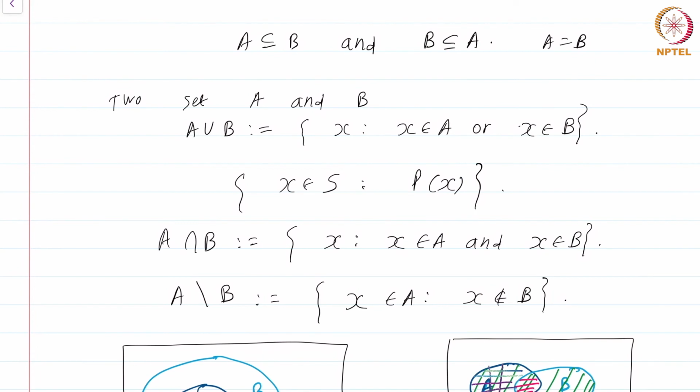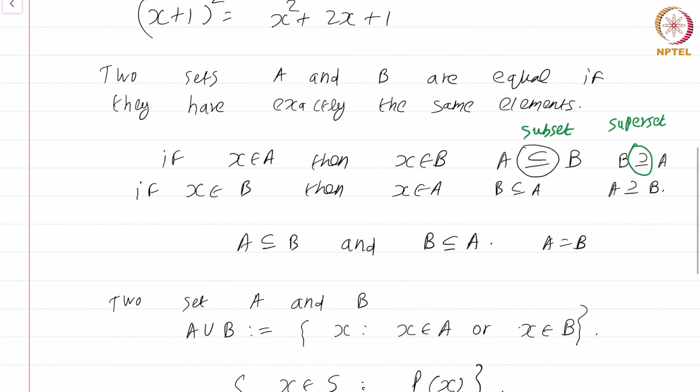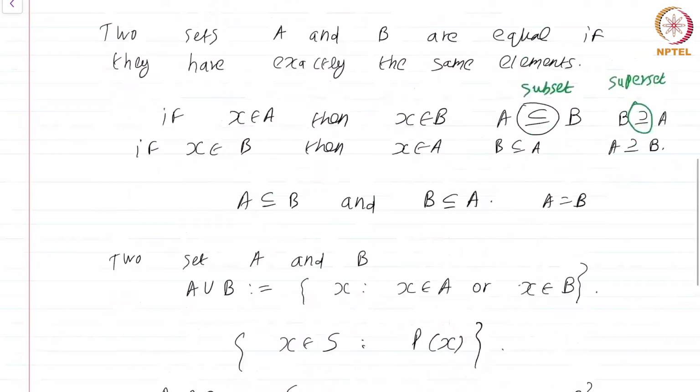We will study this in a bit more detail in the next few modules on logic and proofs, where I'll clarify what a property means, what or and and mean, and also what this if then means. Logic is a precise language in which mathematics is conducted, so it's very good to know at least the rudiments of logic. Again, you can take several courses in logic. It's such a vast topic, so we will have time only to cover the bare minimum.